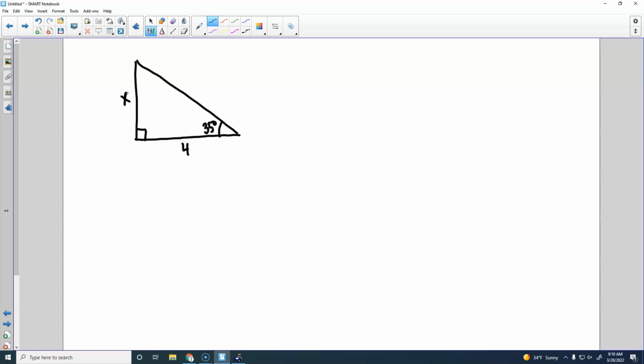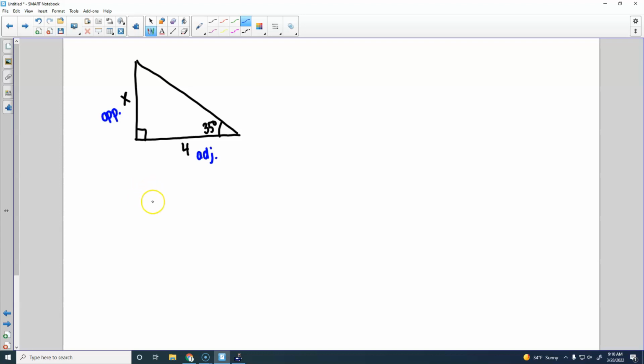Sometimes you'll have to read a situation and draw a triangle based on it. But to set this up, I need to look at the sides that I have. Right here, I know the adjacent side, and this side over here is my opposite side. So if I've got opposite and adjacent, which trig function should I use? Which ratio is going to work?